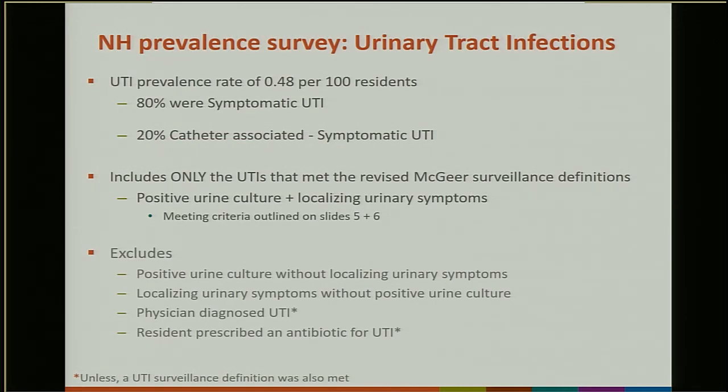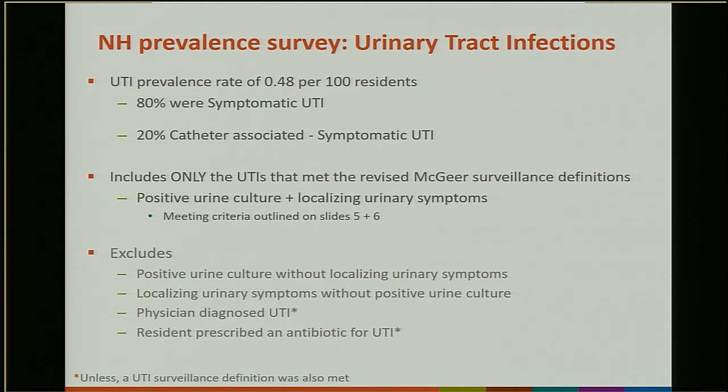Here's some of the data from the point prevalence survey in 2017. Overall, the UTI prevalence rate, which is different from the incidence, tells us how widespread these infection types are, and it was 0.48 per 100 residents.